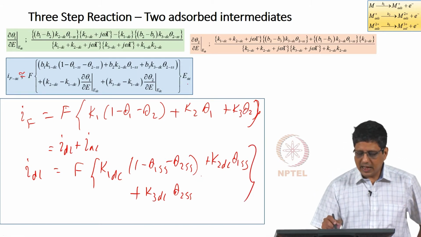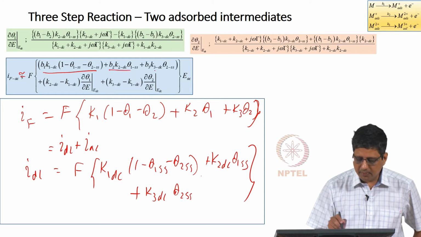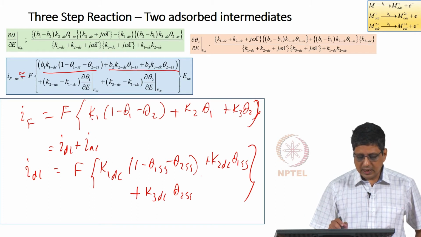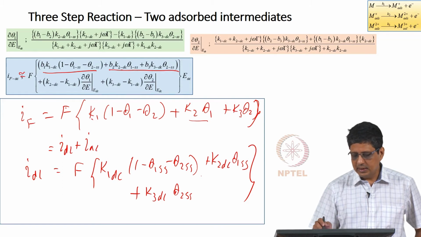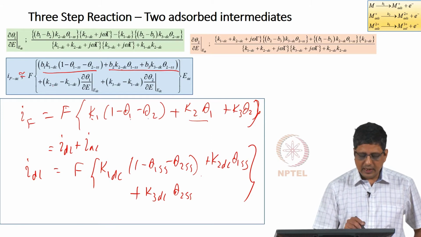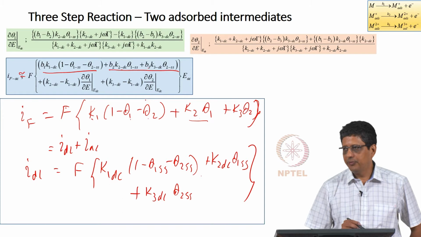All the expressions which have EAC can be grouped together, and I am going to claim that it is going to come like this. This will give you B1 K1 1 minus theta 1 minus theta 2 SS, second will give you B2 K2 theta 1 SS, third will give you B3 K3 DC theta 2 SS, and all the theta terms here, when you take the derivative, they will give you a variety of terms, but you can group them and then say d theta 1 by dE, d theta 2 by dE.